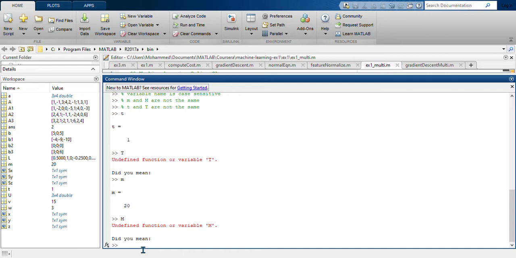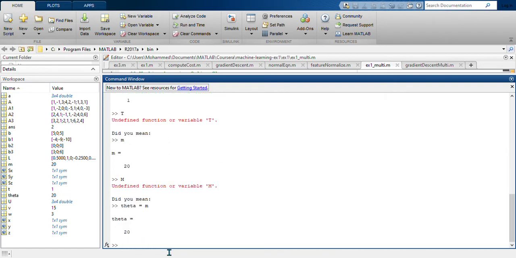For example, I can have a variable name, say theta equals, let's say, m. Okay, since the value of small m is 20, that 20 will get assigned to theta now. So I have stored the value of m in another variable called theta. I just made a copy of it. That is right. So theta equals 20 now.